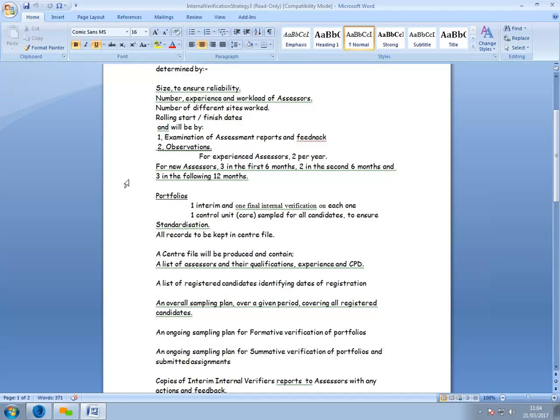Now this comes back to what we talked about before. Standardization is a very important piece of the IQA's work. That is to make sure that the assessments across the qualification are fair.